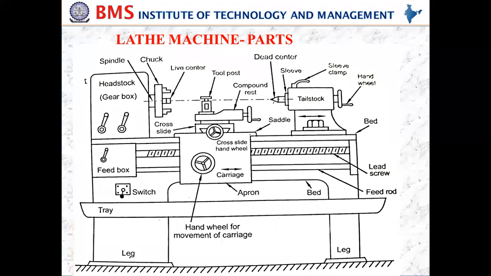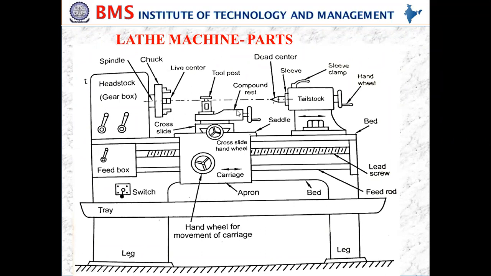So next, a very important part of the lathe machine is the carriage. Generally, the carriage has a number of parts. If you look at here, this is the saddle. This is the cross slide. The cross slide is mounted on the carriage for transverse movement of the cutting tool, and the compound rest is generally used for obtaining taper surfaces.